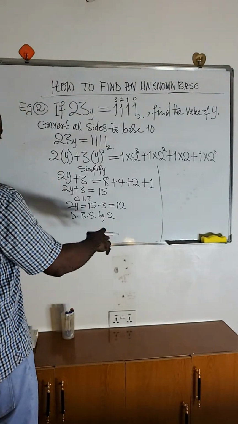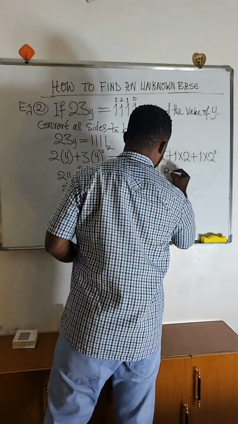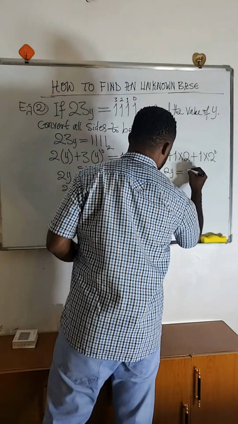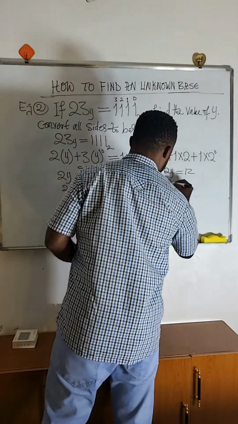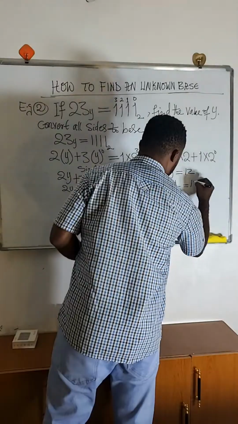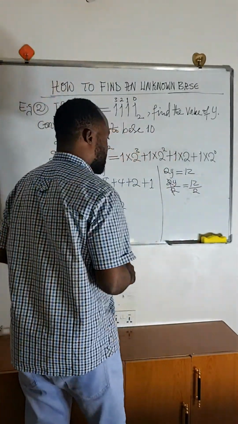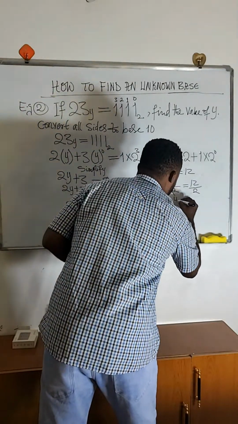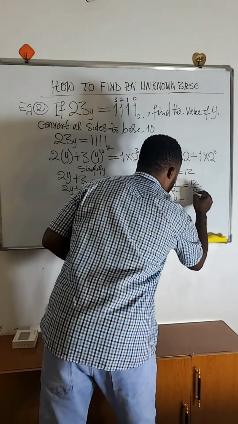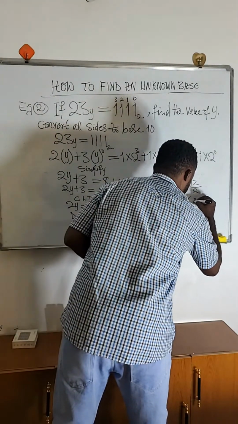If you divide both sides by 2, that means 2y equals 12. And then 2y over 2 equals 12 over 2. And so 2 cancels itself. You are left with y equals 12 divided by 2 equals 6.